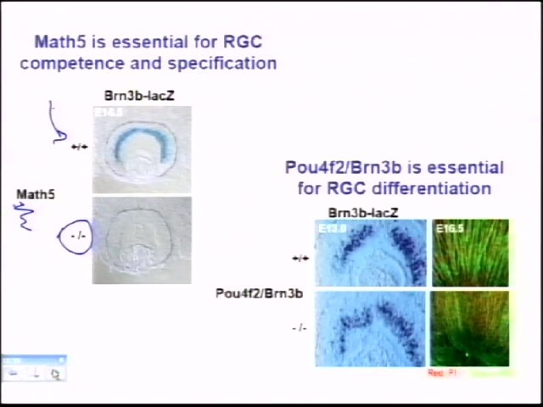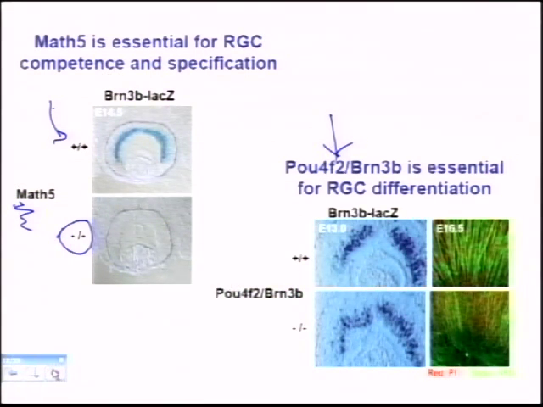So MAF5 is upstream of brain3B, in that it removes ganglion cells very early on in their formation. Now, PAL4F2 brain3B is downstream. It's epistatically downstream of MAF5.